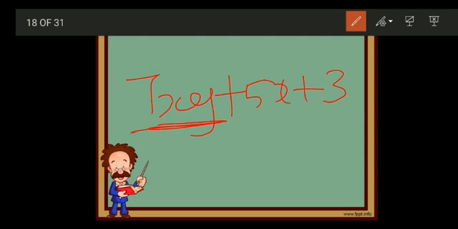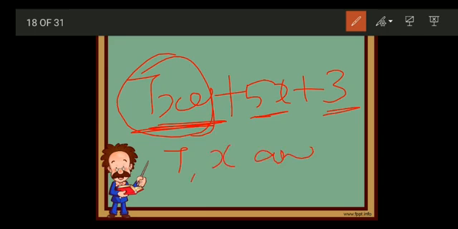When you consider each term, we have factors, right? Here, when you take the term 7xy, we have three factors. Factors are 7, x and y. When you take the term 5x, the factors are 5 and x.